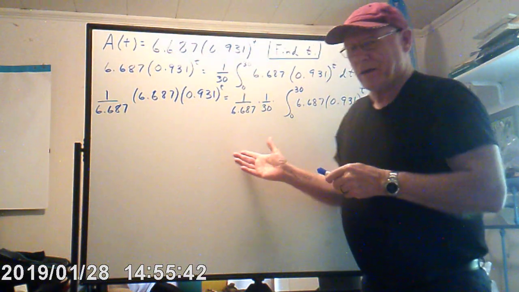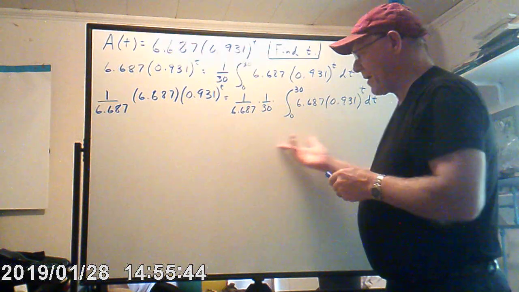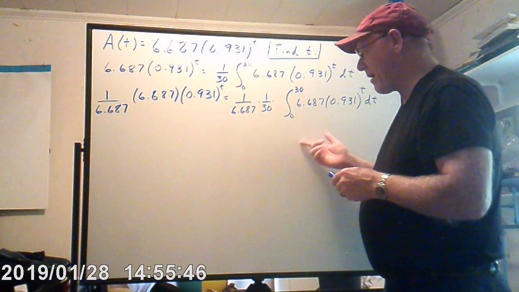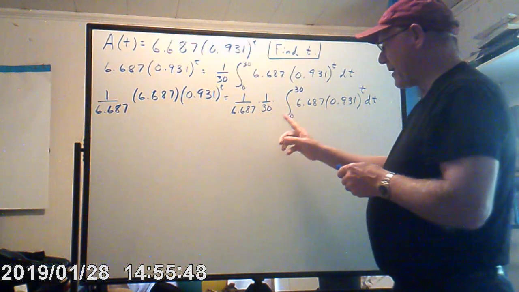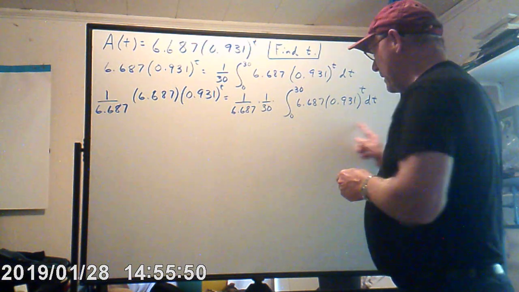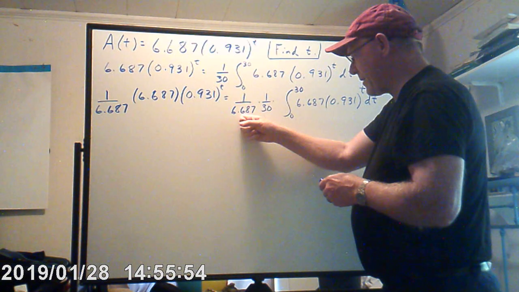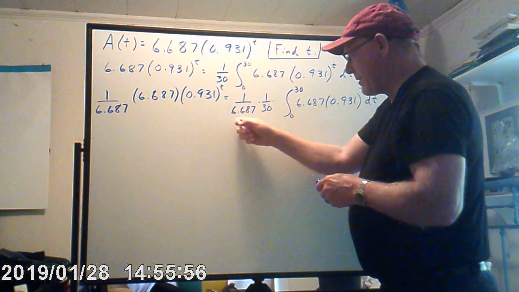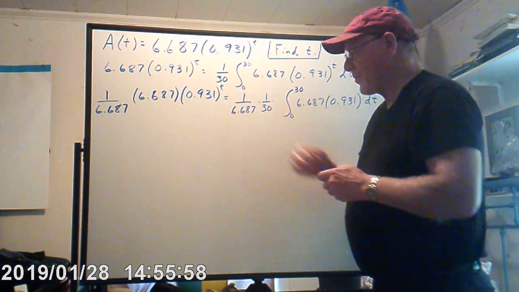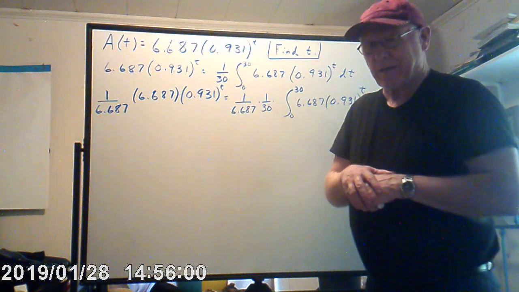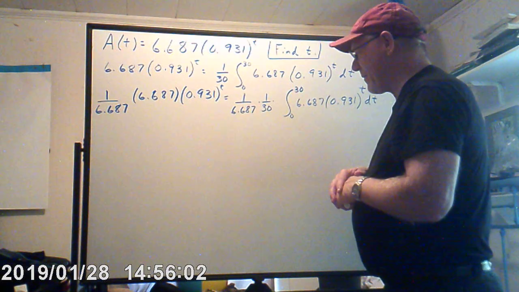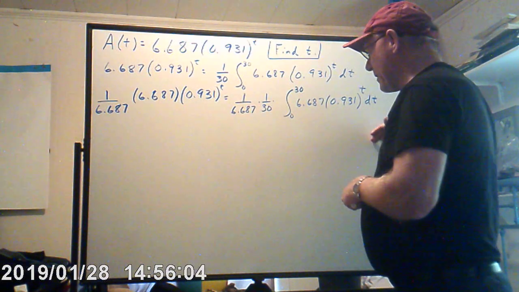Now I got a numerical answer for this. I went ahead and figured this out. And what I did is I did this first, and then I simply divided by this times this, 6.687 times 30. And then I got my answer here.